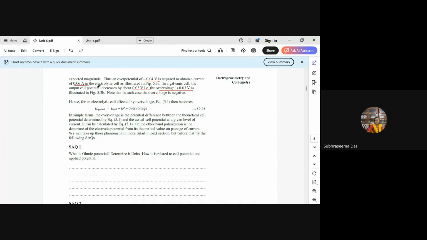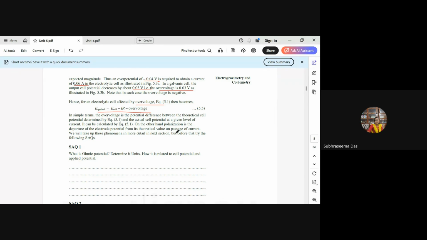Hence, for an electrolytic cell which is affected by overvoltage, the overall equation becomes: the applied E, that is the applied voltage, is equal to the cell potential minus the ohmic drop, that is I into R, minus the overvoltage.